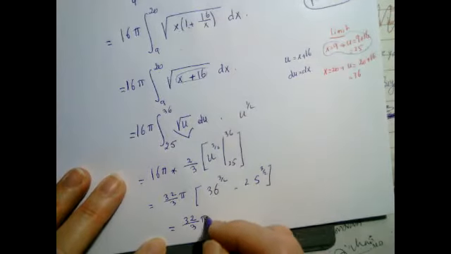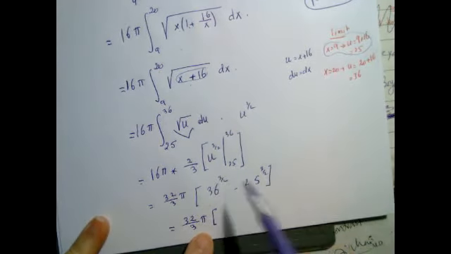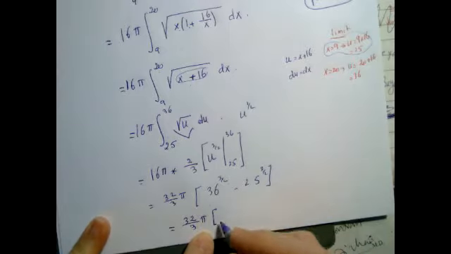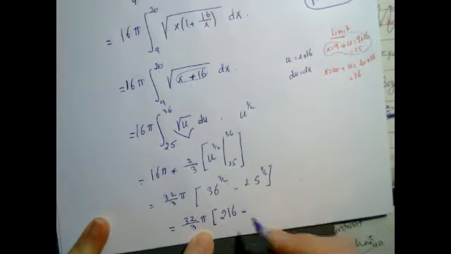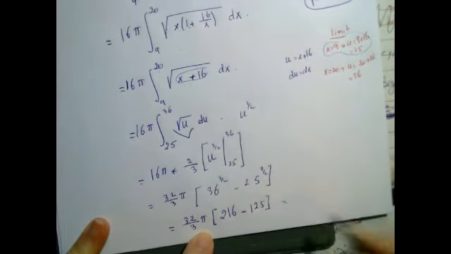I will have 36 to the power 3 half, it means 6 to the power 3. Now 6 to the power 3, it's too early in the morning to do it in my head. So 6 to the power 3 is going to give me 216 minus, that's 5 to the power 3, which is 125.